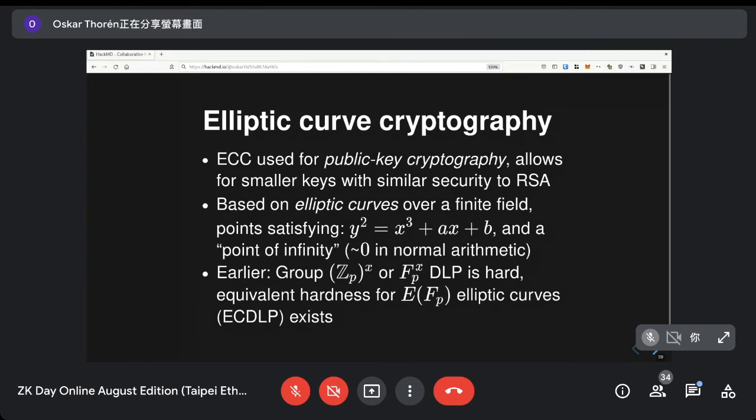Elliptic curve cryptography is based on elliptic curves over a finite field, where you have points A and B satisfying this equation, as well as a point at infinity, which is like 0 in normal arithmetic, the additive identity. And we have a similar discrete logarithm problem for elliptic curves over a finite field, sometimes called the elliptic curve discrete logarithm problem, ECDLP. How to choose these curves and make them pairing friendly is a whole field of its own, or subfield. If you're interested in that, I recommend checking out Daniel Bernstein's work on safe curves as a starting point.